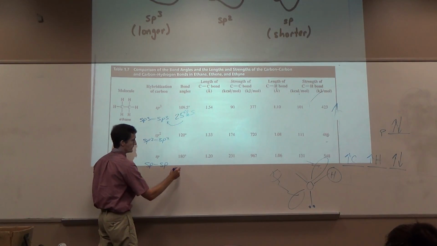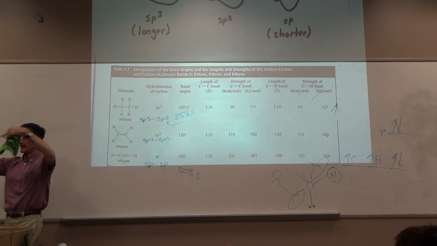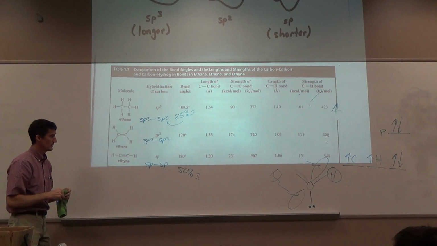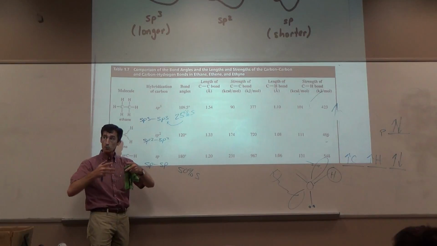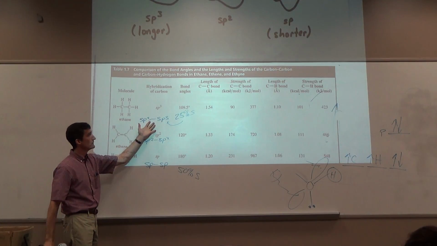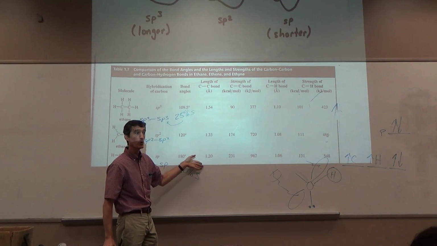And this is what? 50% s. The more s character, the more rounded and not as long. Rounded like a volleyball. The more p character, the longer it is, like a dumbbell. So it's going to be a longer bond.